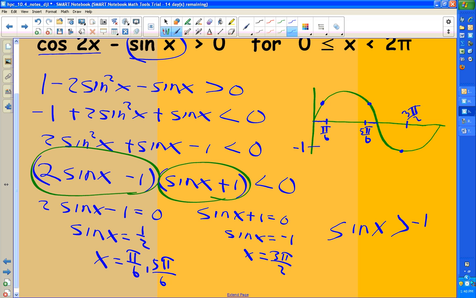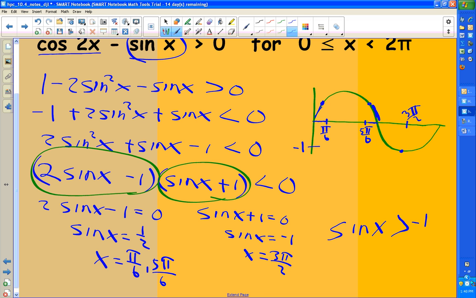Here's what we did first: 2 sine x minus 1. We're going to call this one the negative, so that means it's going to be less than 0. And when that's true, sine x will be less than a half. And where that occurs is here and here, at the upper side.